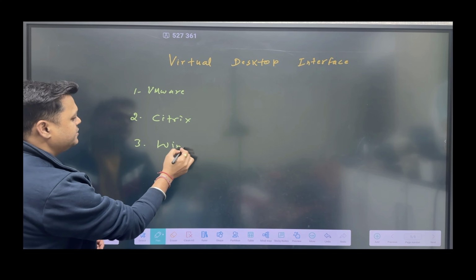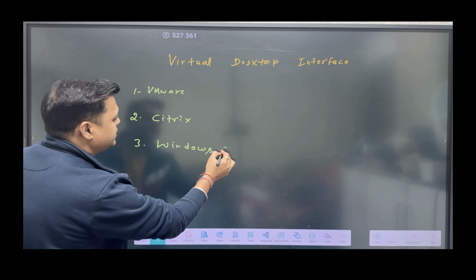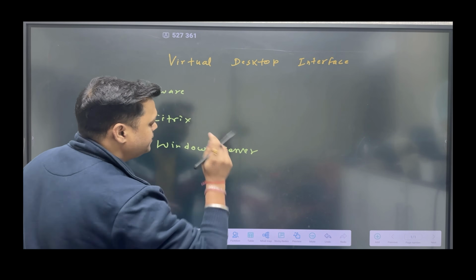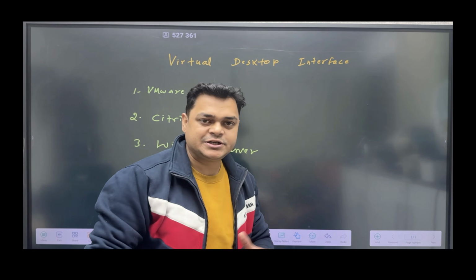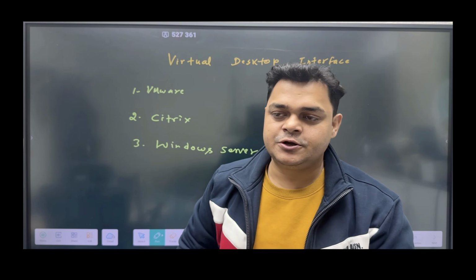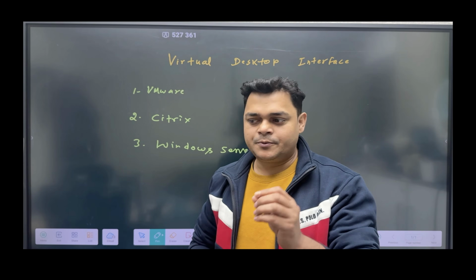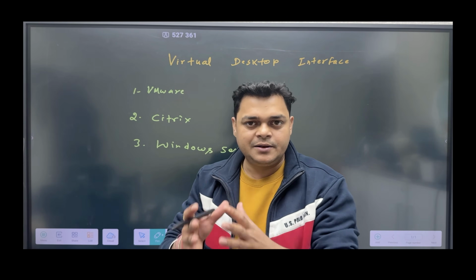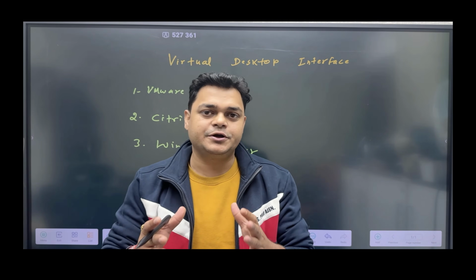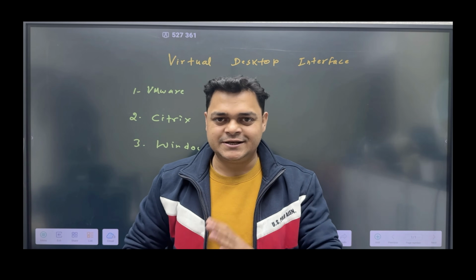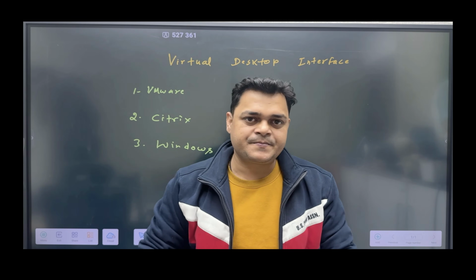And the third one, we can also establish our VDI infrastructure using the Windows Server operating system, 2012, 2016, 2019, whatever version you are using. Every server operating system provides a dedicated role that helps us establish RDS, Remote Desktop Services, which is also considered a VDI infrastructure.